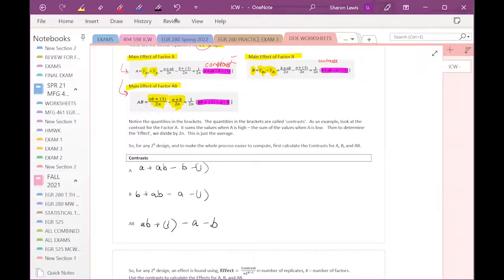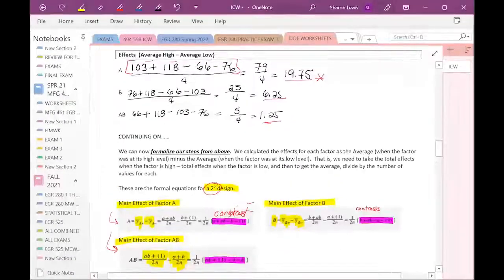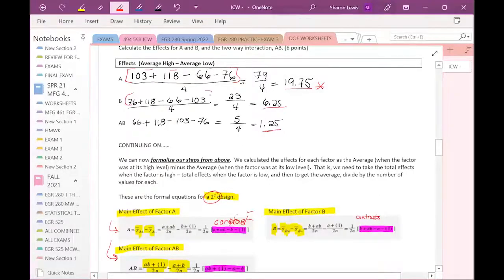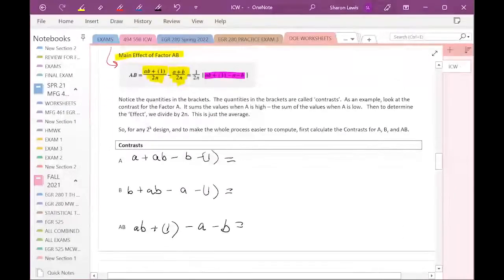But let's go ahead and recalculate those values then. We just did it above when we calculated. All I'm going to do is pull out just the top part, and we're going to name that amount in the bracket the contrast. So let's just for completeness rewrite those down.